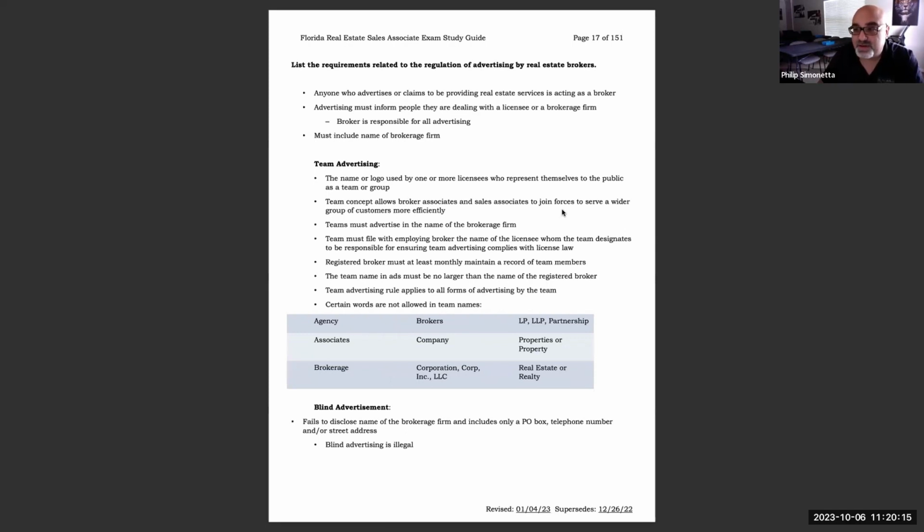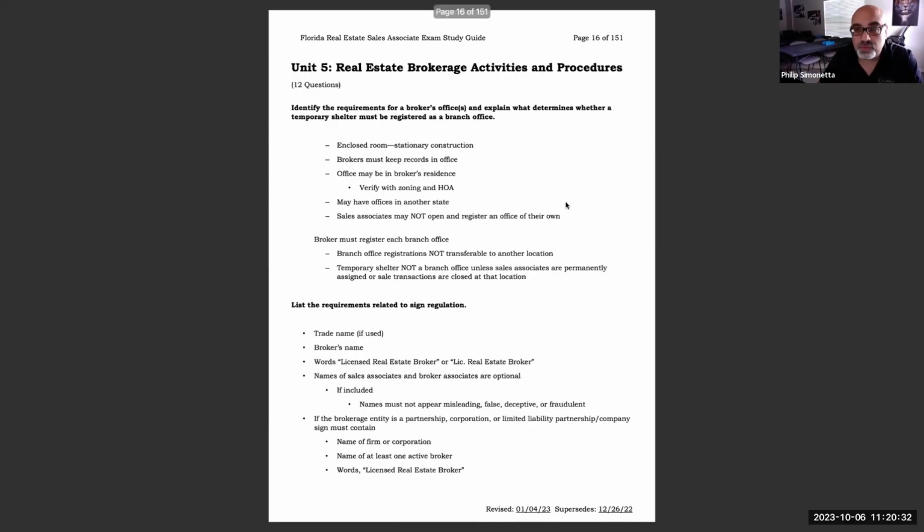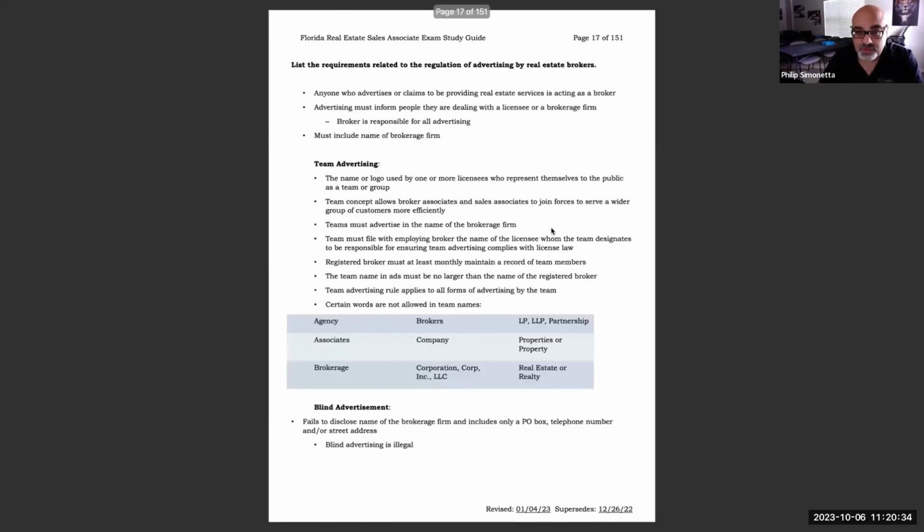It's made very clear when I hire people. If they do it, I'll deactivate their license. Then I'll tell them. I won't even wait. So that's the important thing. It's going to affect the brokerage if somebody does that.